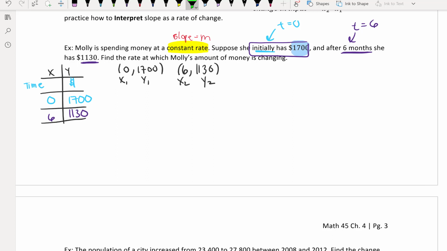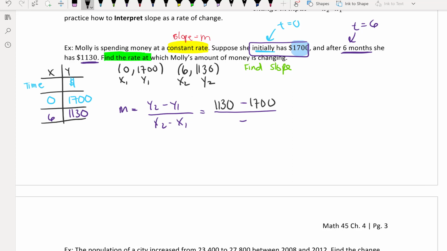And so what this is asking me is find the rate at which Molly's amount of money is changing. So what this is asking me is to find slope. So we have to use the slope equation. We know that m is equal to y2 minus y1 over x2 minus x1. So plugging in these values, I'm going to have my y2, which is my 1,130, minus my 1,700, which is my y1, and then my x2, which is 6, minus my x1, which is 0.